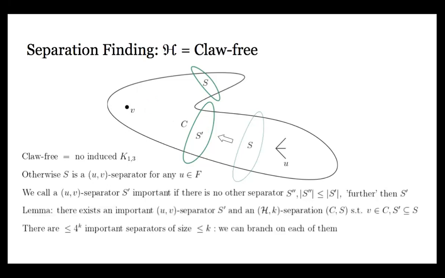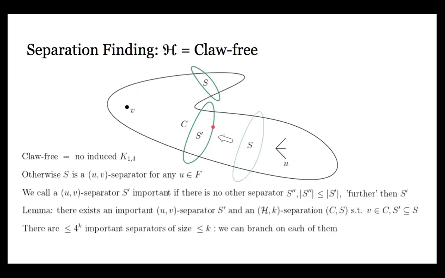We can formalize this observation with a lemma: if S was a UV separator, then there exists some important UV separator, S prime, and an H-free separator, so that S prime is contained in the set S.